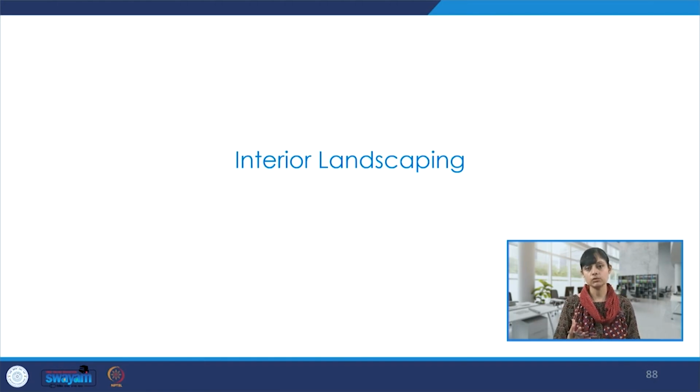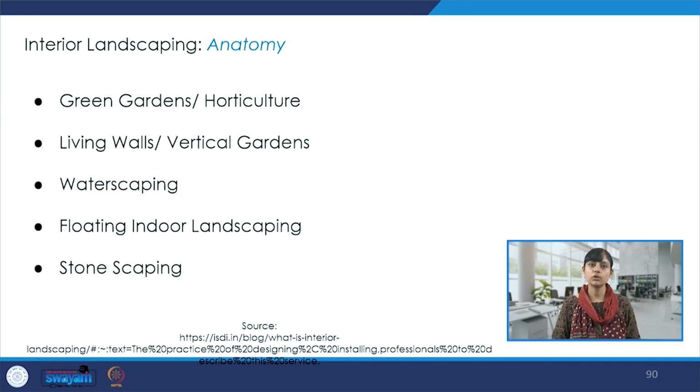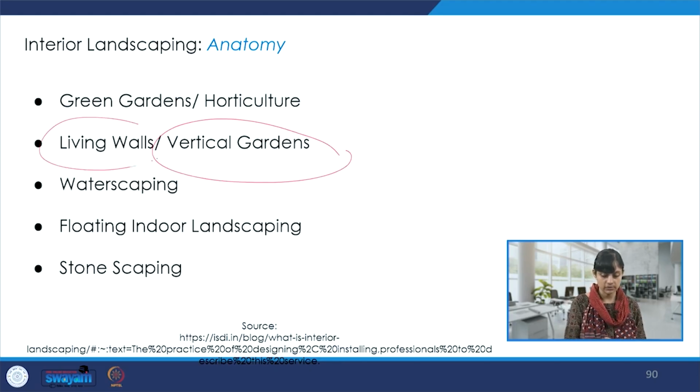Interior landscaping is also a very, very important aspect, and it does help in space making. And it's by definition the practice of designing, installing and maintaining plants and biophilic components within an interior space. It's also alternatively known as interior plantscaping or interior scaping. These are some industry used terms. And if we talk about anatomy, they could be vertical gardens or living walls.